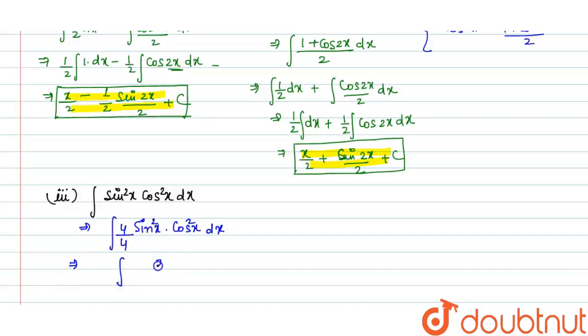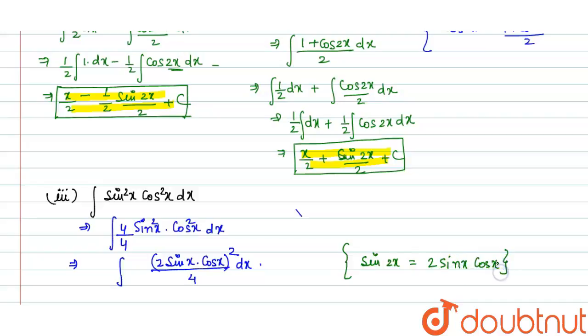We can write this as 2 sin x into cos x whole square upon 4 dx, and we know 2 sin x cos x is the identity of sin 2x. Sin 2x equals 2 sin x cos x.